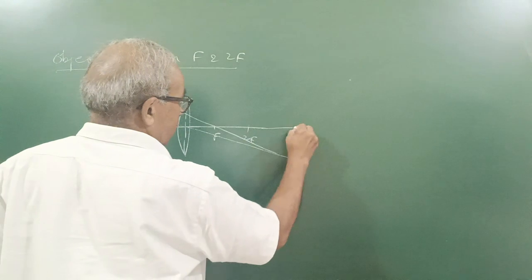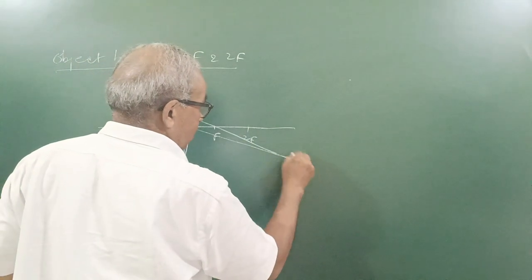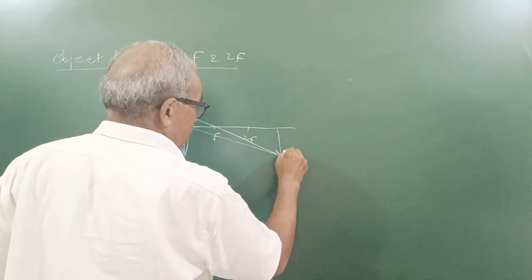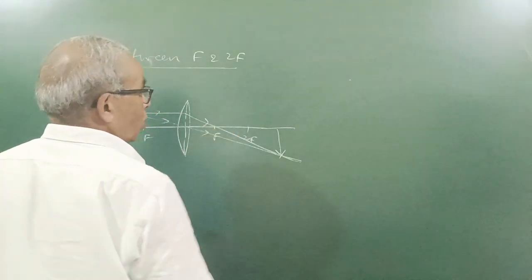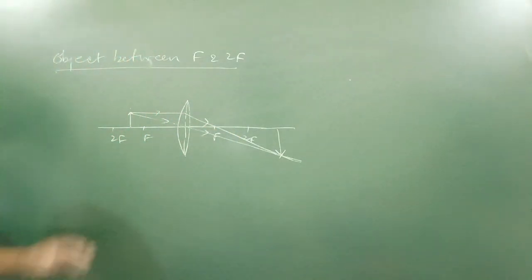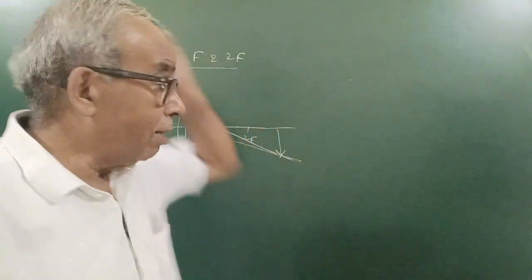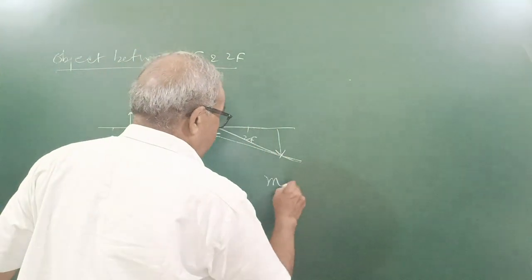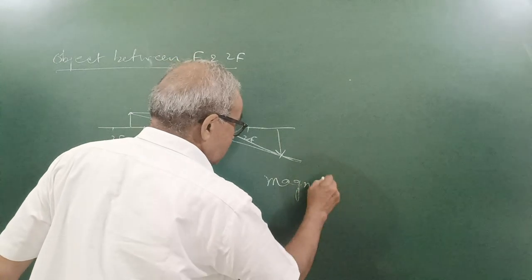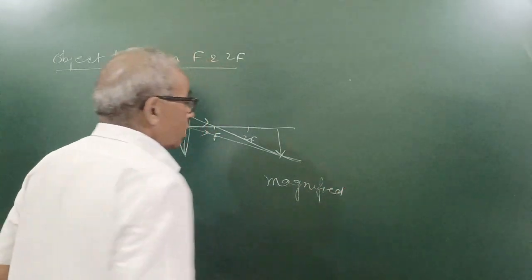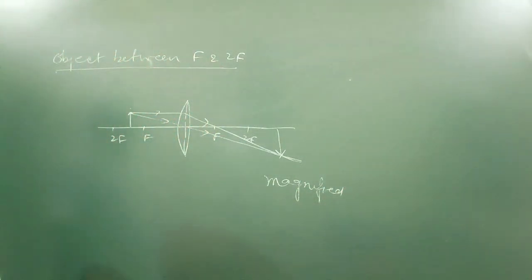Here we will get a magnified real image beyond 2F. You can write it yourself. Here we obtain a real, inverted and magnified image. What do you say for bigger? Magnified. Magnified inverted real image beyond 2F.